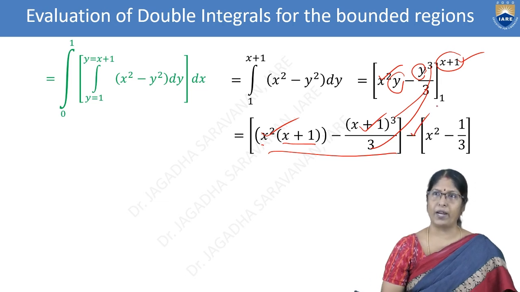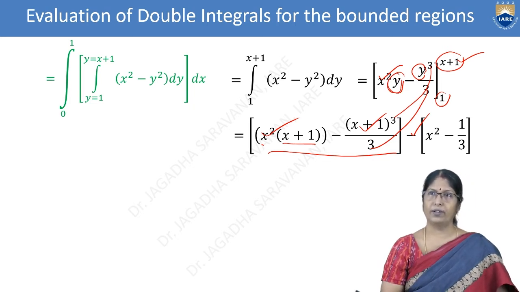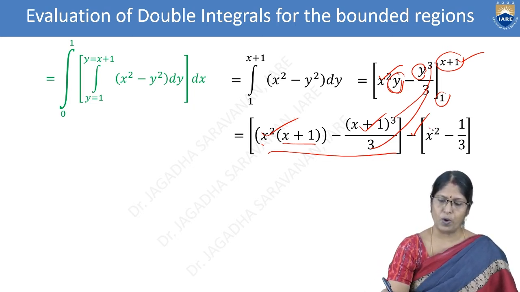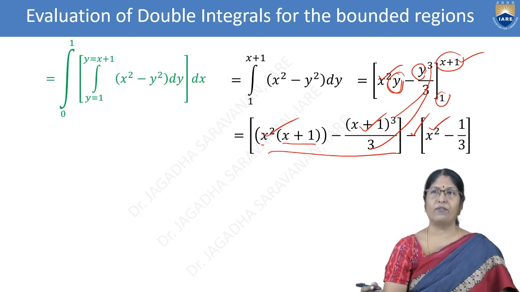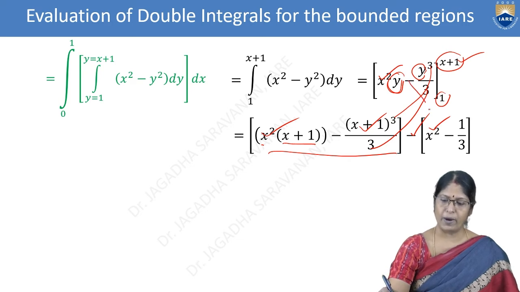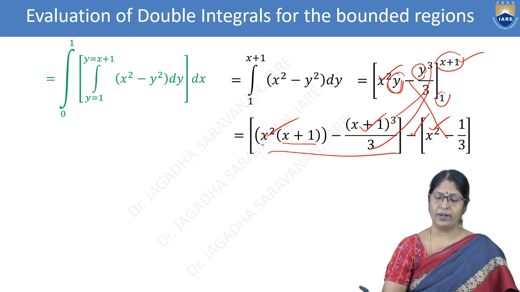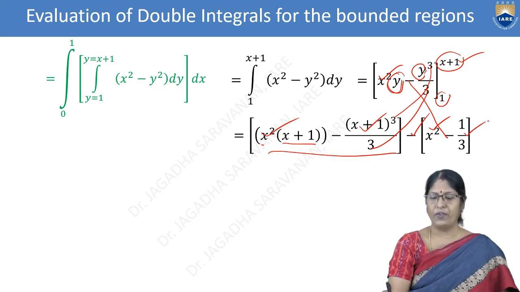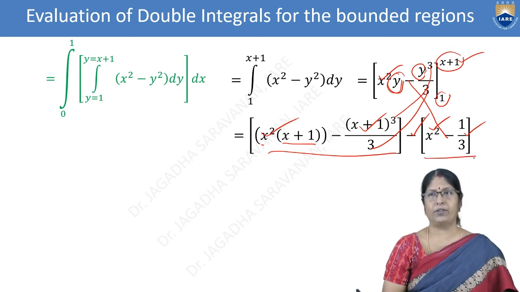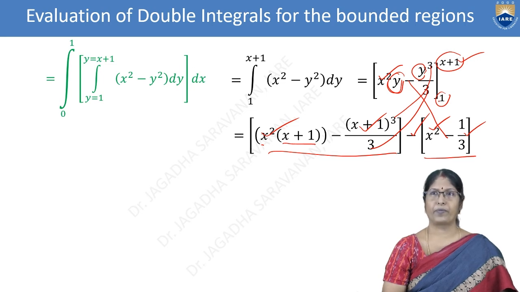Now minus the lower limit, which is 1. In the place of y we are substituting: x square into y, y takes the value 1. So x square, this minus as it is, y cube by 3, that is 1 by 3. We completed the lower limit, with y taking the value 1.